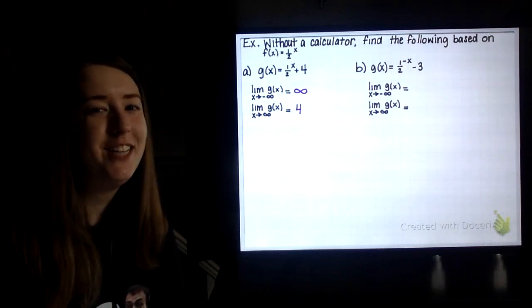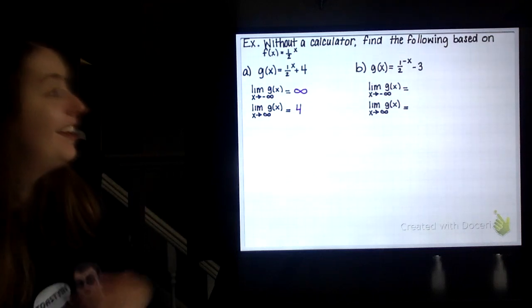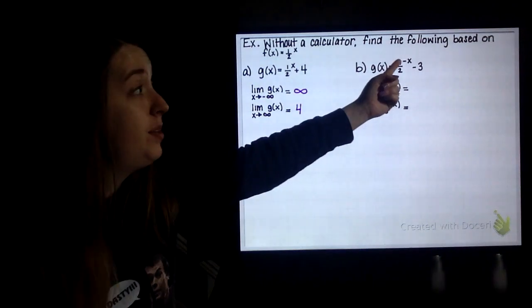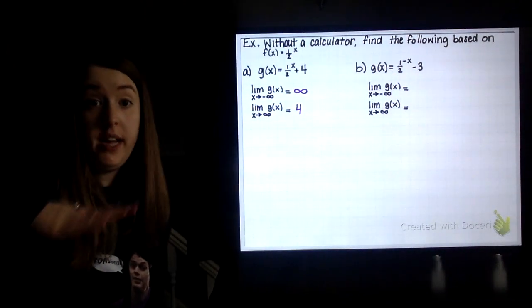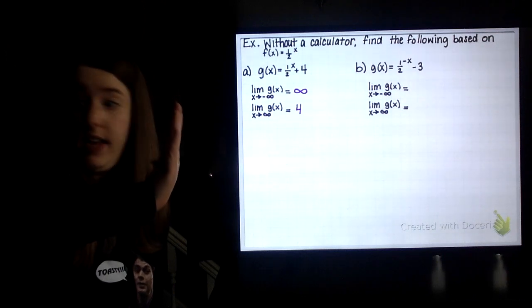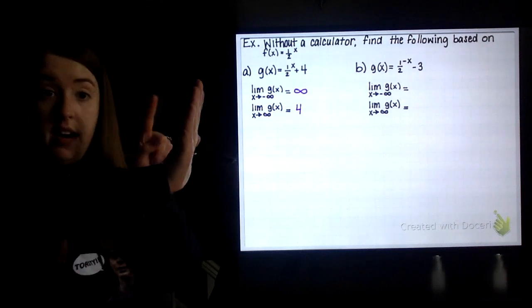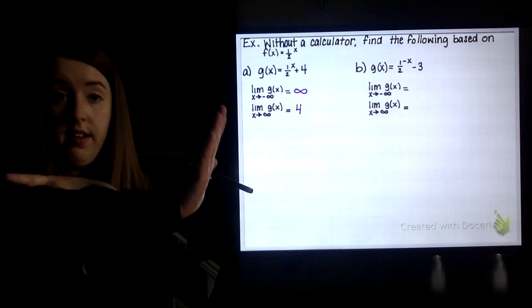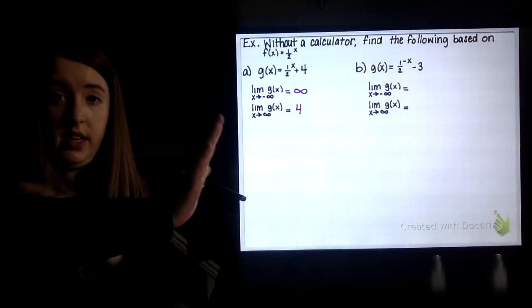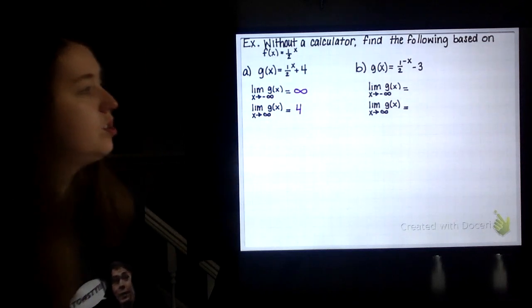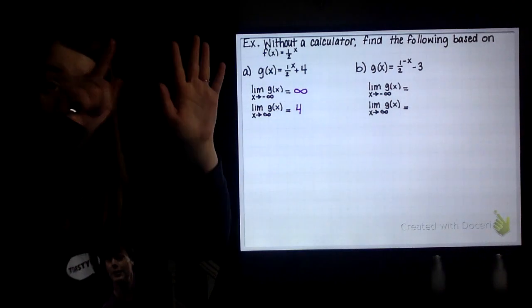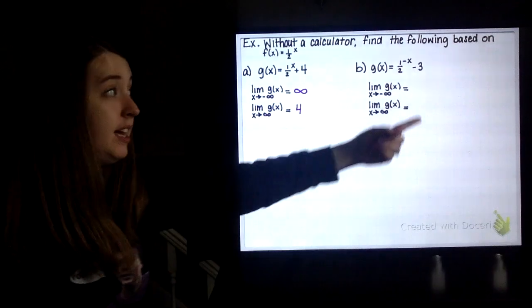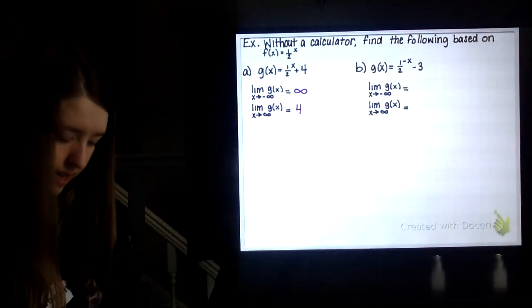Okay. Now on this next one, it's going to reflect around. So now it's going up like a regular exponential function, where as x gets really small, my function gets closer to the asymptote. So as x approaches negative infinity, that is where I'm getting closer to my asymptote, and now my asymptote is at negative 3.